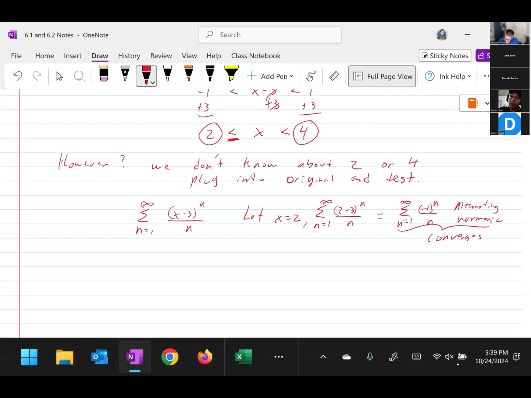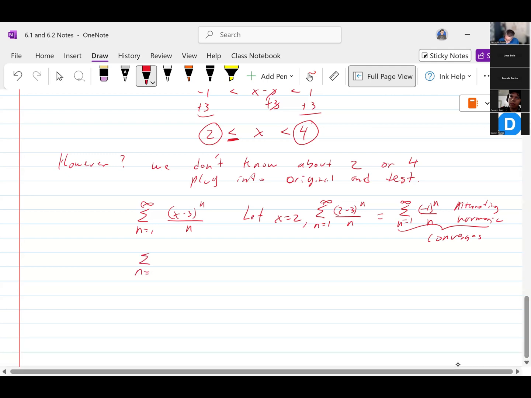Let's look at what happens when we plug in 4. The sum from n equals 1 to infinity of (x minus 3) to the n over n. Let x equal 4.